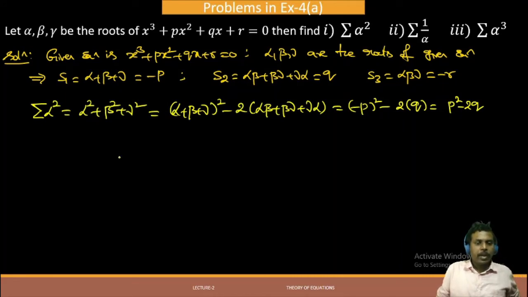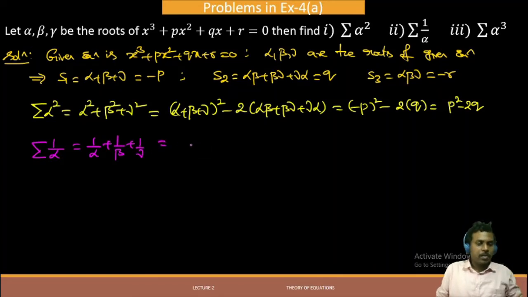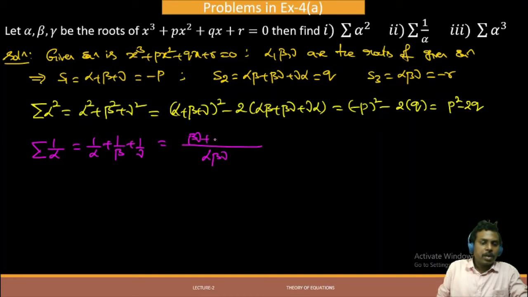Now let us find out the next quantity, that is summation 1 by alpha. Summation 1 by alpha is what? 1 by alpha plus 1 by beta plus 1 by gamma. So this is equal to, here the LCM will be alpha beta gamma, then this becomes beta gamma plus gamma into alpha plus alpha into beta.